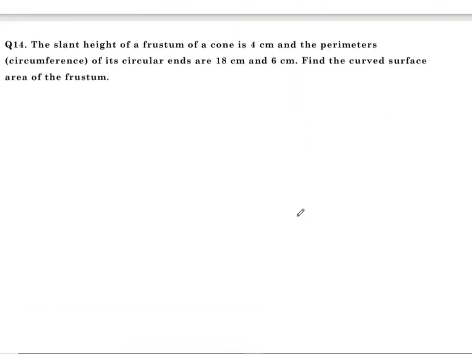Now we'll solve one more question on frustum of cone. The slant height of a frustum of cone is 4 centimeter. It is not height, it is slant height, that is L equals 4 centimeter. Given slant height is 4 centimeter and the perimeters of its circular ends are 18 centimeter and 6 centimeter.